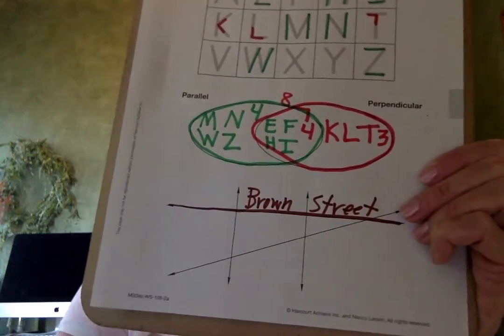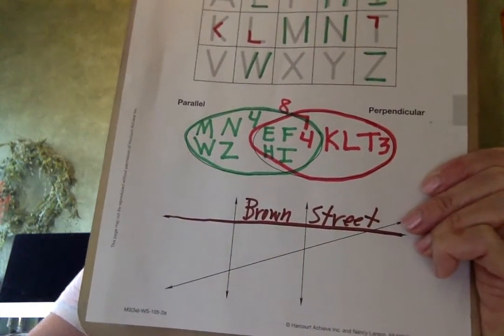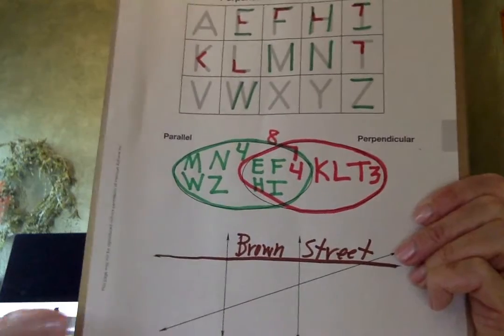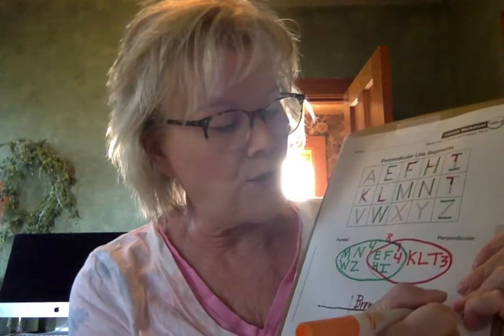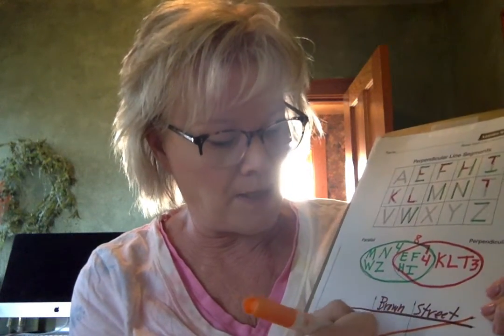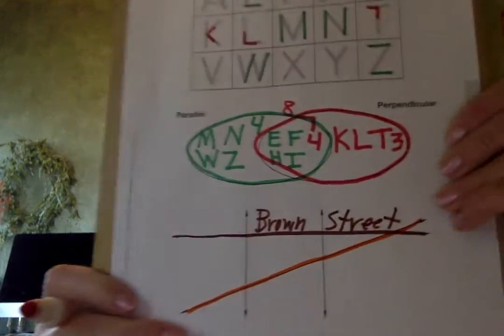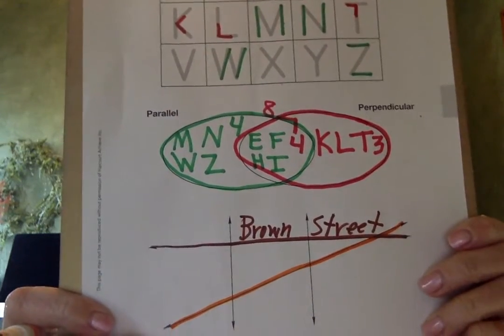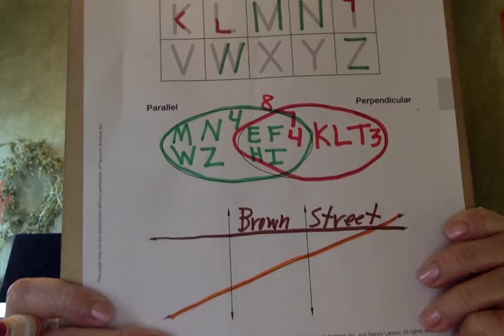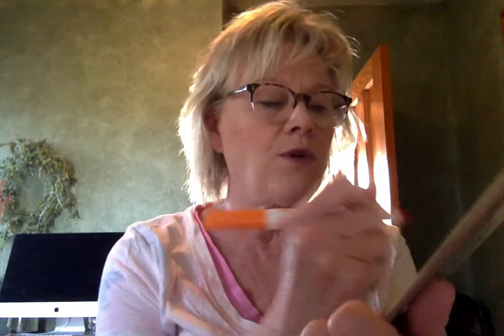Now we're going to use an orange crayon, and we're going to trace the oblique line segment in orange. And we're going to name it Orange Street.